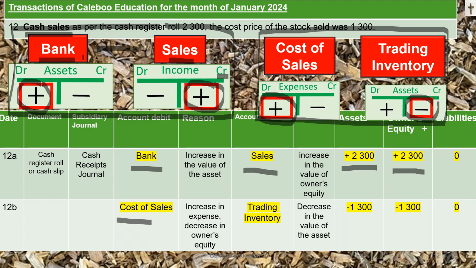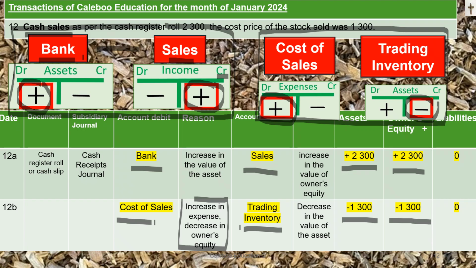Part B, debit cost of sales, credit trading inventory, because we need to record the fact that there was an expense, and the expense of the sale was the cost price of the trading inventory that we sold. So trading inventory gets credited, decrease in assets; cost of sales, which is an expense, decreases owner's equity.